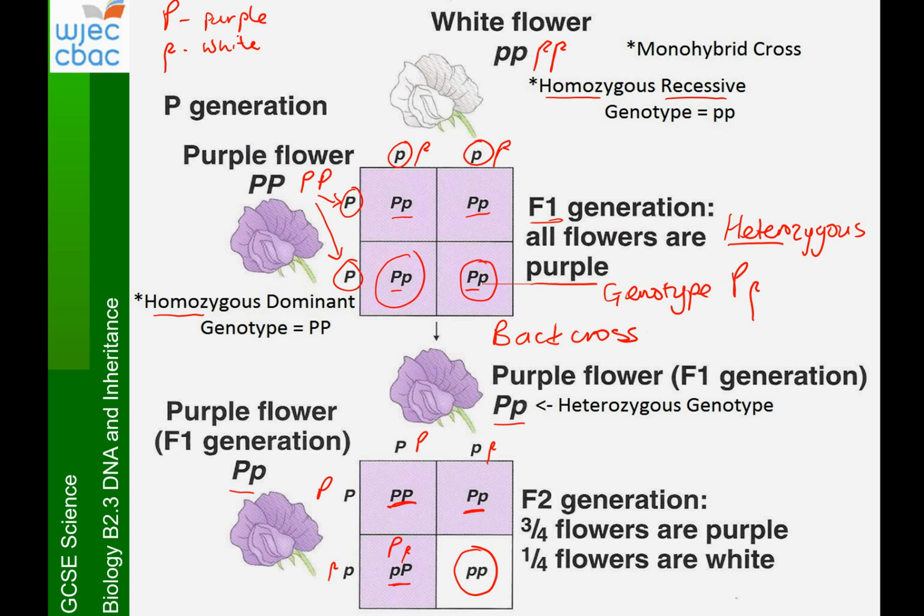You can either describe it using a fraction, a percentage, or a ratio. They might specify which way they want you to present your answer, but if they don't, you can do it any way. So you could say the probability of having a purple flower would be 3/4, or 75%, or a 3-to-1 ratio. Probability of having white flowers is 1/4, or 25%.